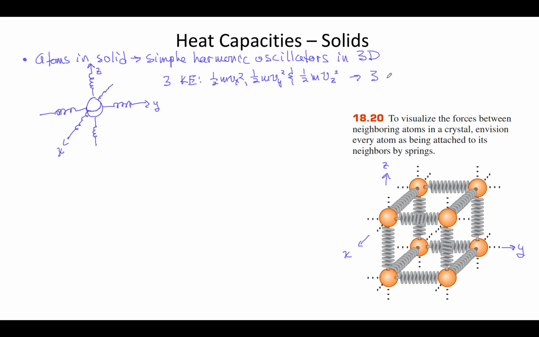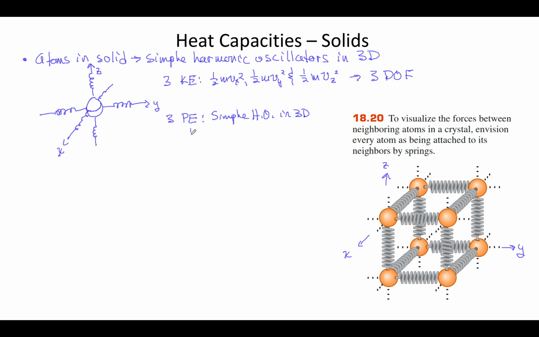Thus, there's 3 degrees of freedom already. But you also have 3 potential energies. And if you take the net electrostatic potential energy that one atom or molecule sees in a solid with respect to all the others, you come up with basically a simple harmonic oscillator potential in 3 dimensions, which acts like 3 one-dimensional simple harmonic oscillators.